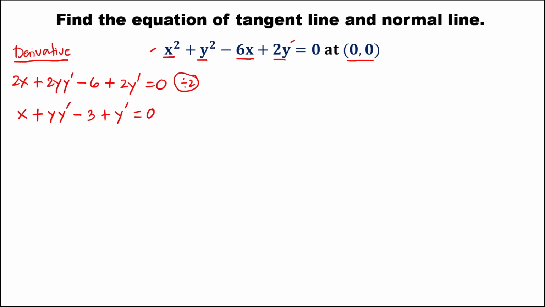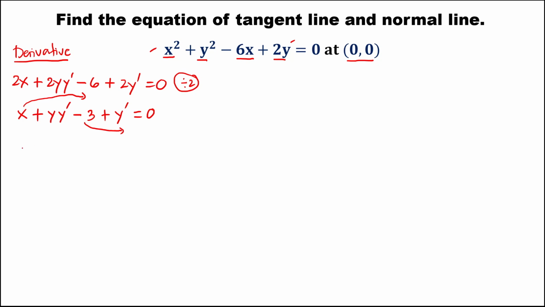Then we need to solve for y prime. So all the terms without y prime transpose to the right. We transpose this positive x to the other side and this negative 3 to the other side.